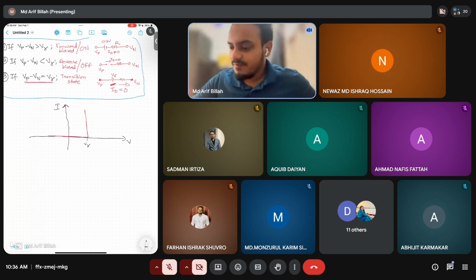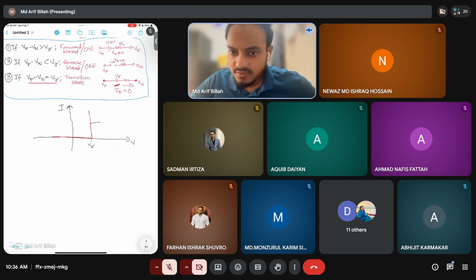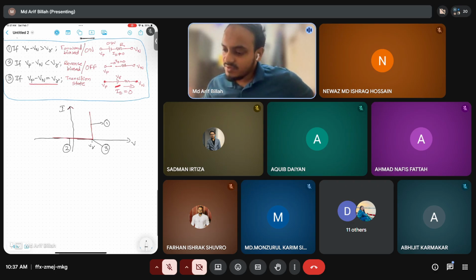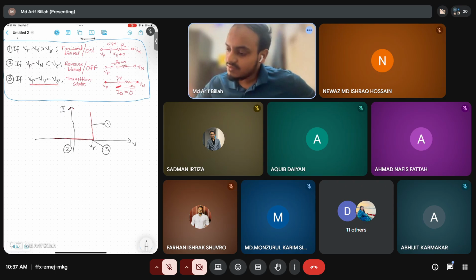So constant voltage model, when you have Vp minus Vn greater than V gamma, you're actually looking at this region. এটা হচ্ছে 1. When it's less than V gamma, then it's this region. So it's this region. And when it's equal, you're actually looking at this region of the graph. So these three conditions actually represent these three regions in the IV graph.